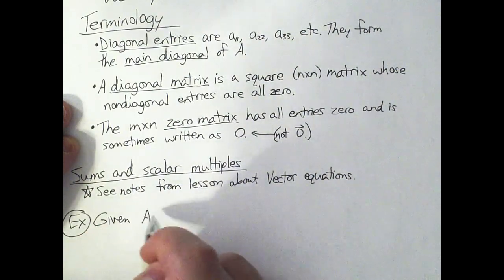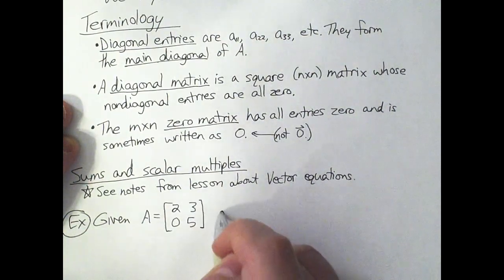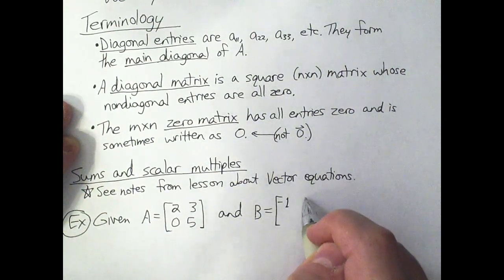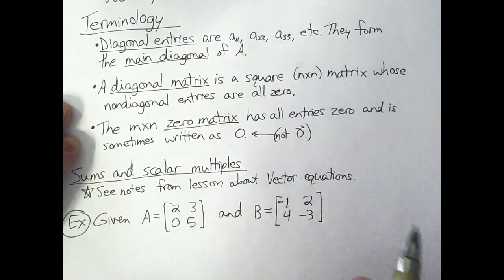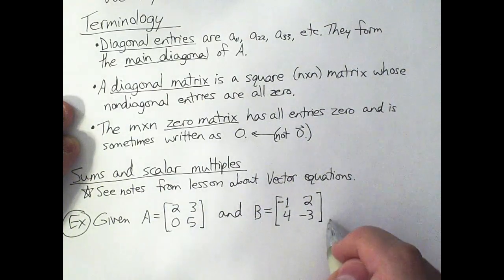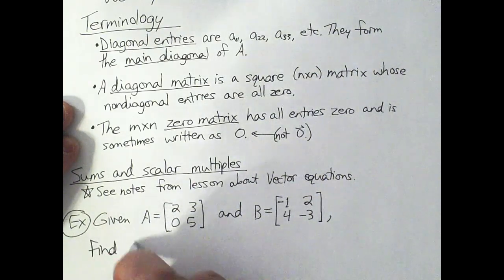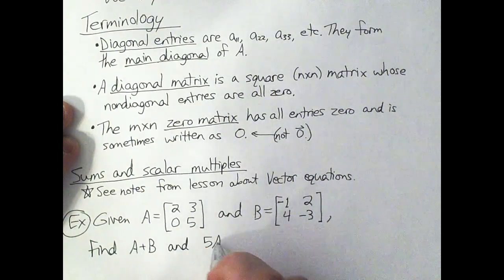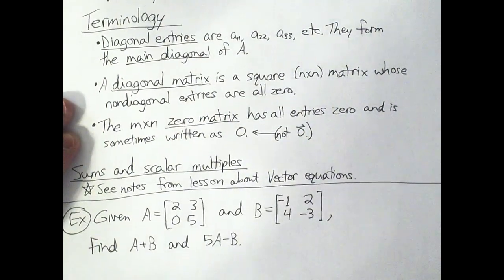Given the matrix A, which is 2, 3, 0, 5, and B, which is -1, 2, 4, -3, I'm going to ask you to find A plus B, and I'm going to ask you to find 5A minus B. So take a minute and try these. You could pause the video and give that a shot.